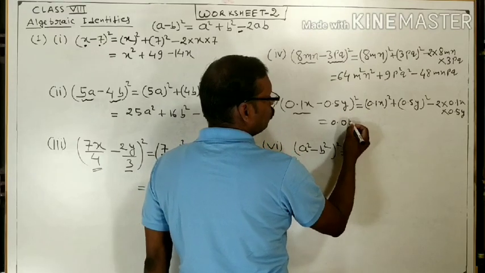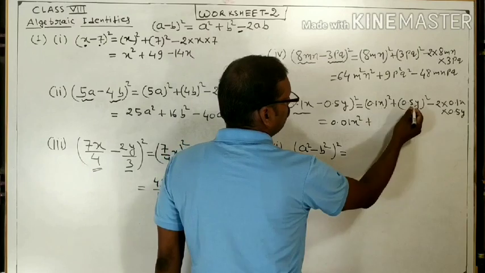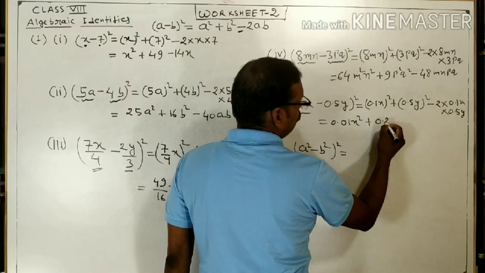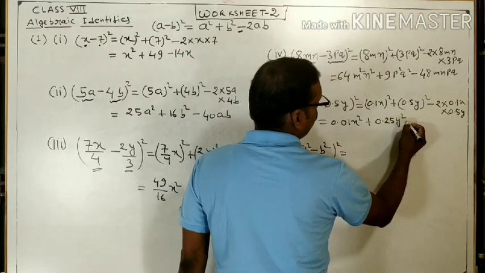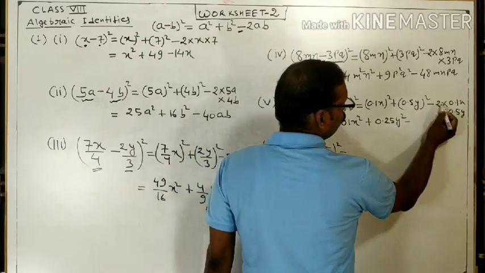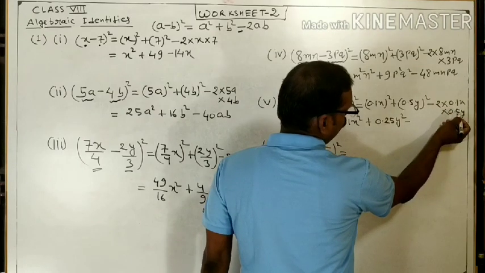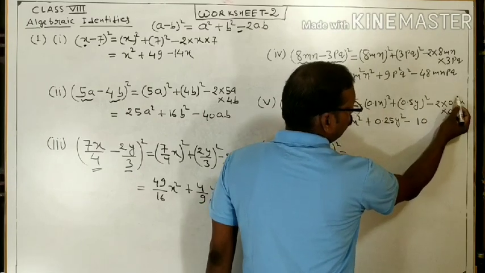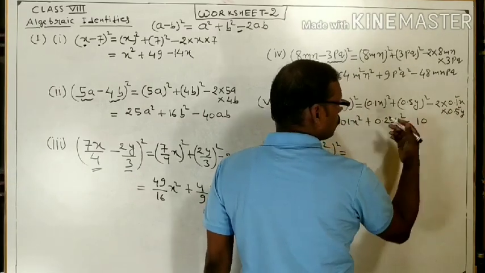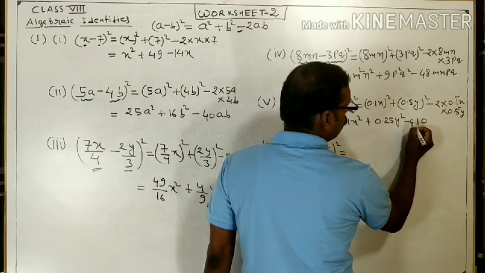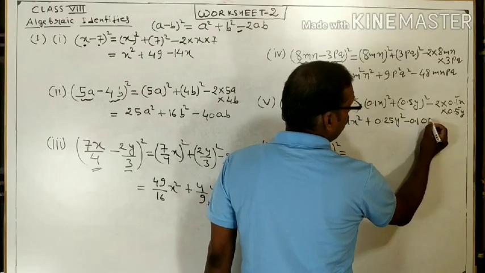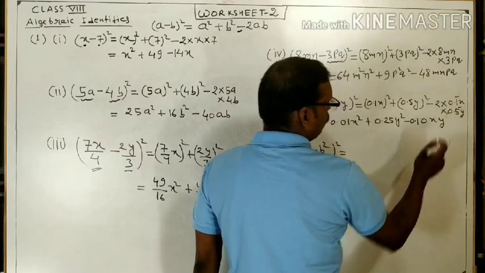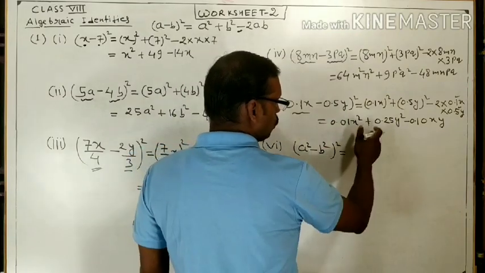So it is 0.01x square. Similarly 5 square is 25, so it is 0.25y square minus 2 ones are 2 and into 5, 5 twos are 10. Put the point after 1 digit here and 1 digit here, so in total after 2 digits. So it is 0.10 xy. X and y, the product of x and y is xy. So this is the required answer.